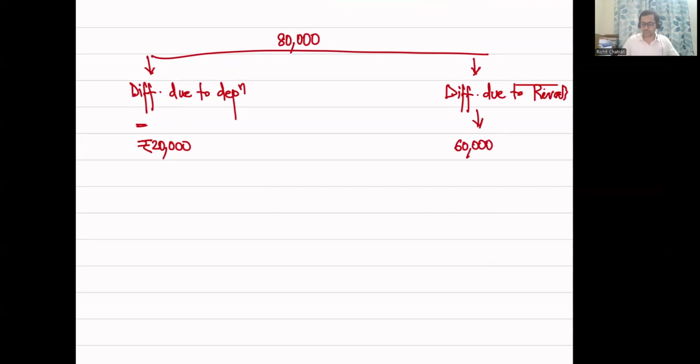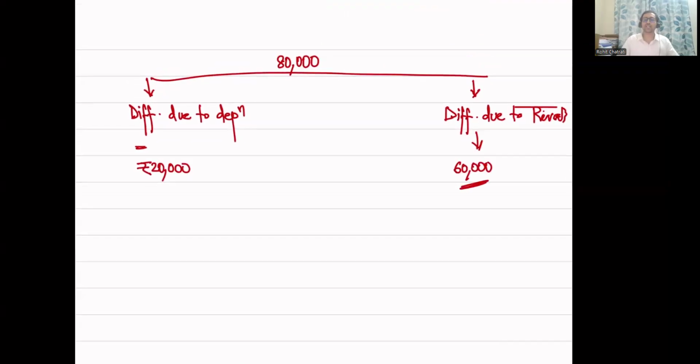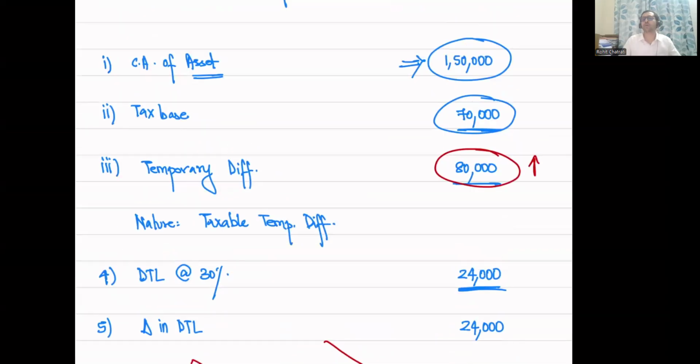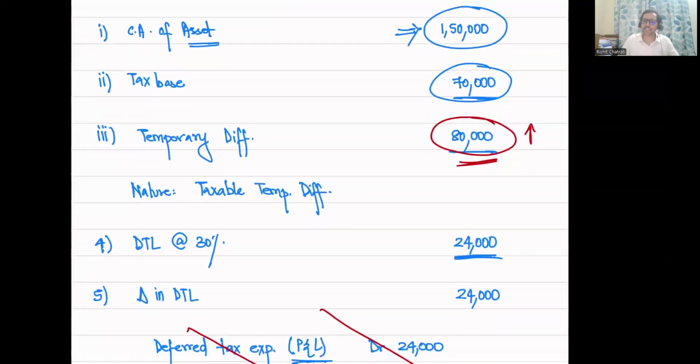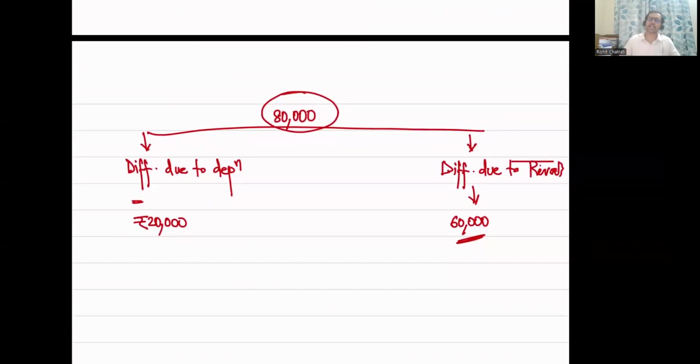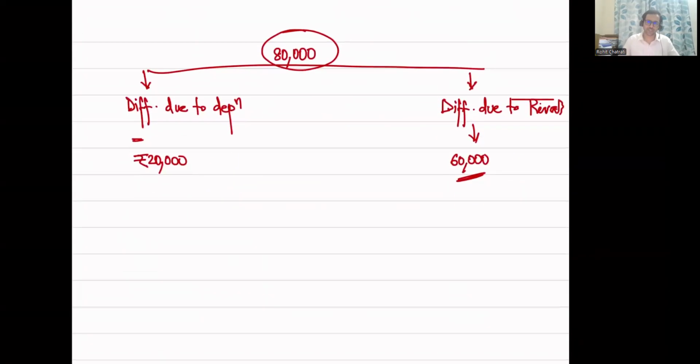The temporary difference has gone up from 20,000 to 80,000 because my carrying amount went up by 60,000. When my carrying amount went up by 60,000, my temporary difference also went up by 60,000. So I have broken this temporary difference of 80,000 into two parts: the first is the difference due to depreciation, and the second is the difference due to revaluation.